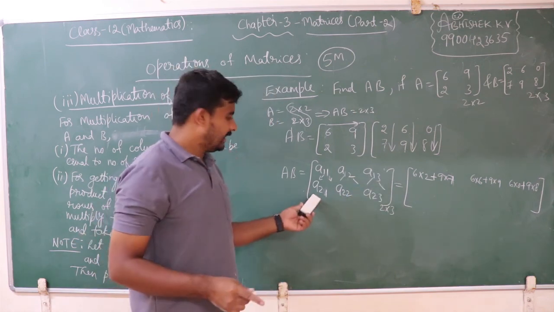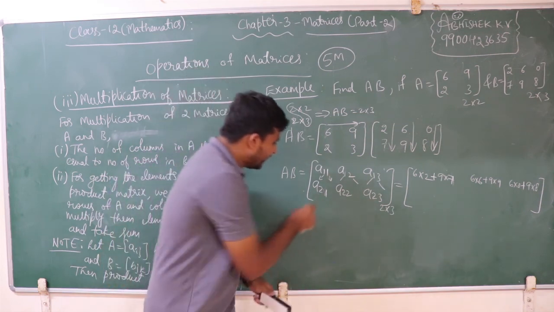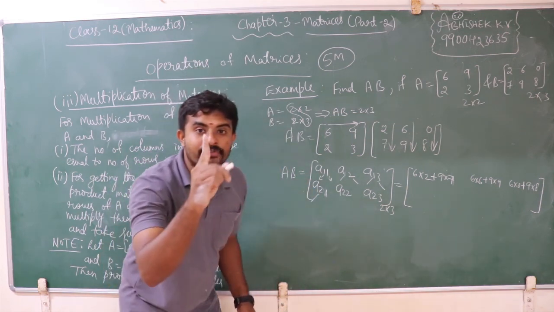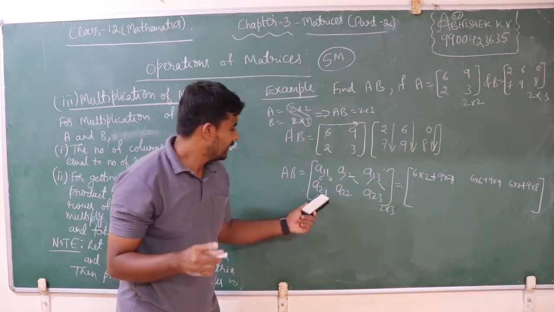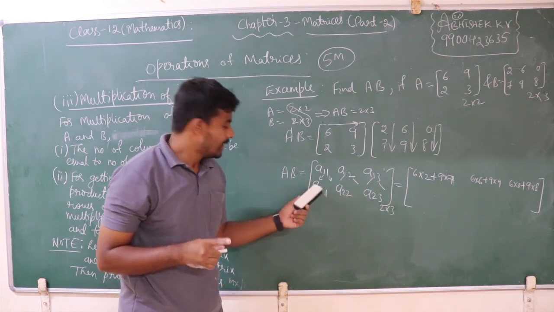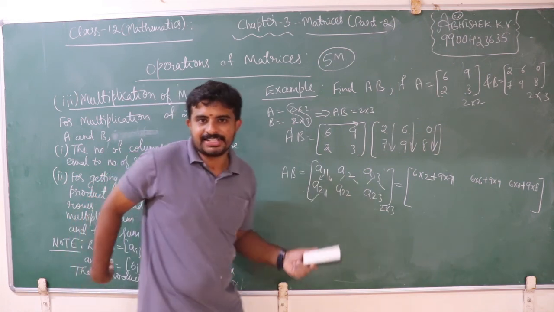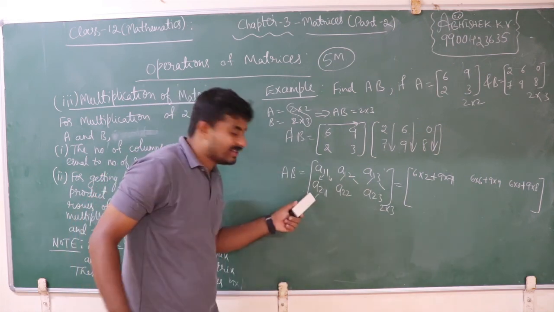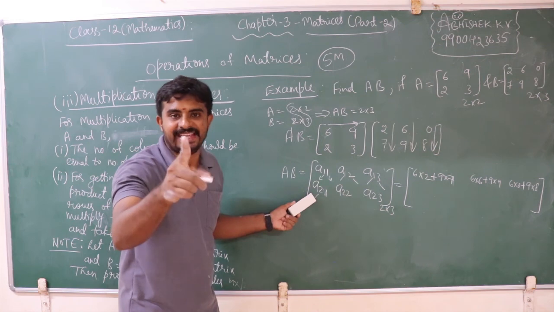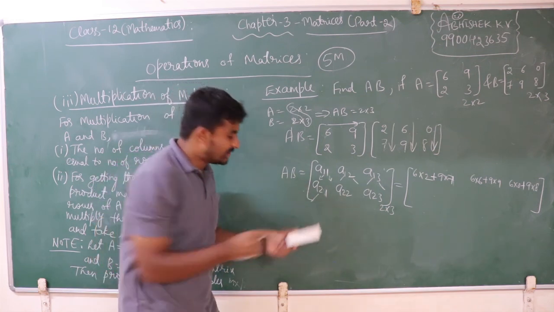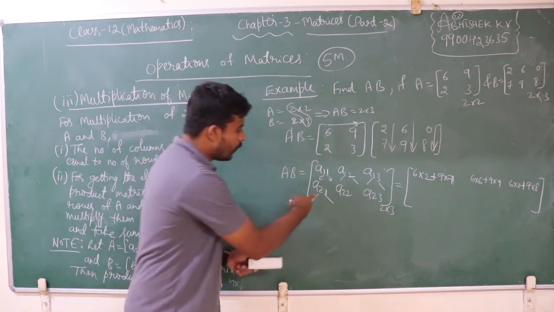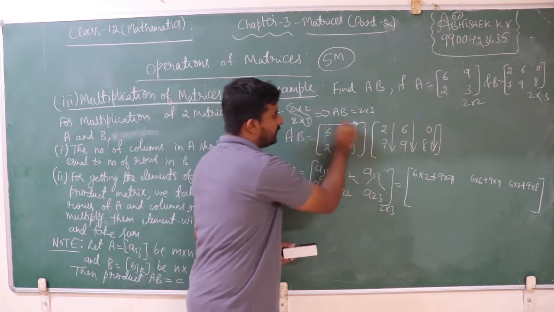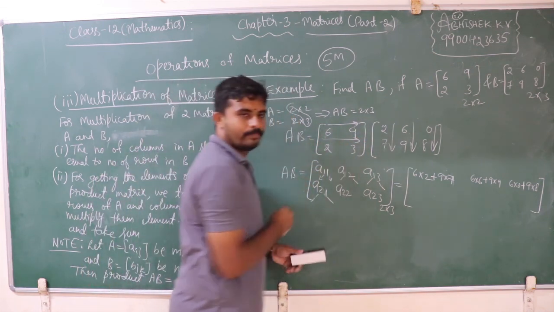Is it clear? Then A21. See, second row of the first matrix, the first suffix represents the row, the second suffix represents the column. According to the procedure of multiplication, we should take the second row of matrix A, first column of matrix B, that is the second matrix. C is first row, this is second row.